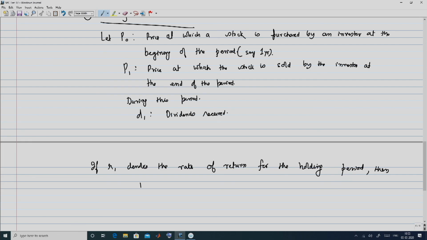So, this means that if you make an investment of P naught, at the end of the period it will grow by a factor of 1 plus R1, and this is the same as the final amount of money P1 that you have received plus D1, which is your dividend return. And this implies that R1 is equal to P1 minus P naught divided by P naught, and on the numerator I have a plus D1.